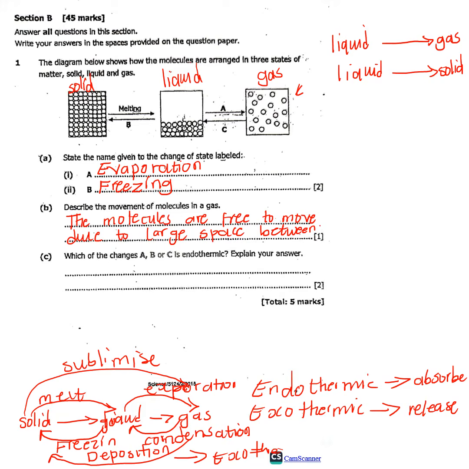So therefore, from the diagram, we can see that process A is an endothermic reaction. So change of state of matter A. So we can see heat is added.